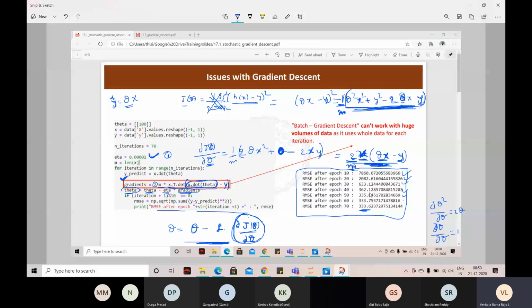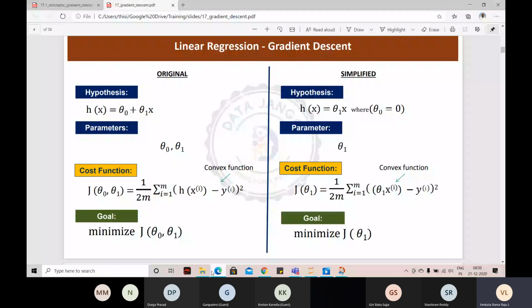When I show you the code example, you will understand better. Now this red box, I actually pointed out something. The gradient descent can't work with huge volume of data as it uses whole data for each iteration.